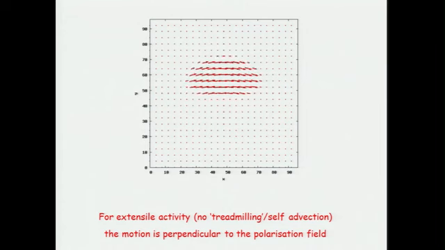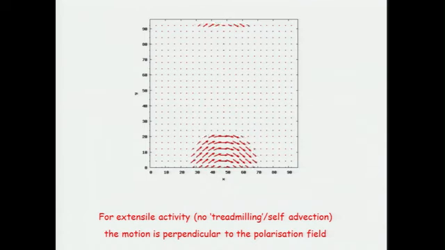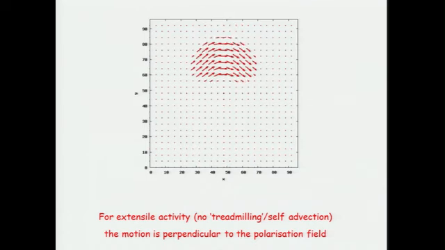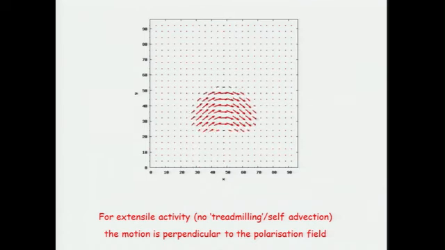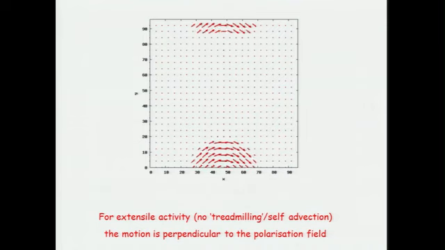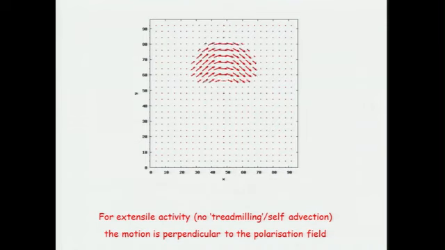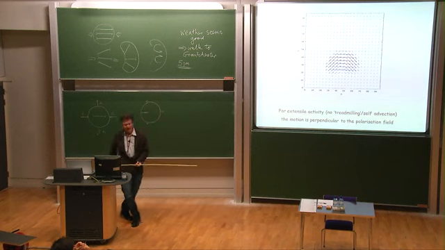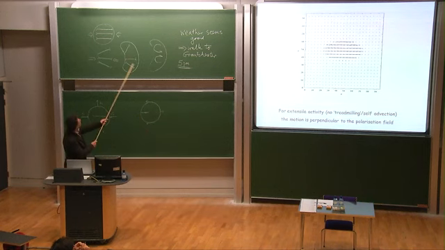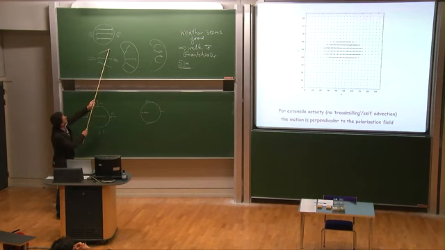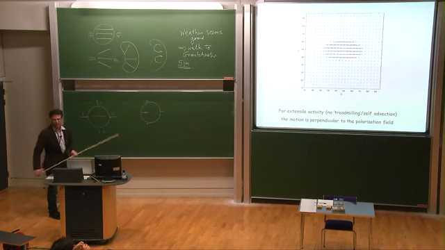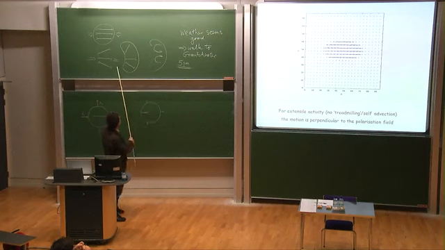But now the spontaneous symmetry breaking is a bend rather than a splay. Okay, so the polarization would bend, and then the motion is perpendicular to the bend. Again, you can understand it with basically the same physics. If you flip the sign of the dipoles and you make it bend instead of splay.